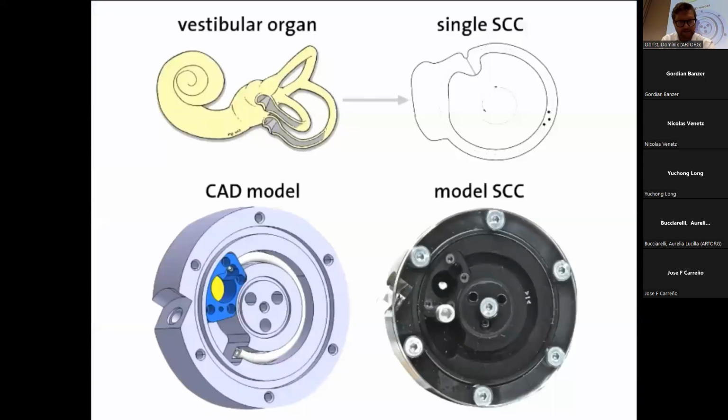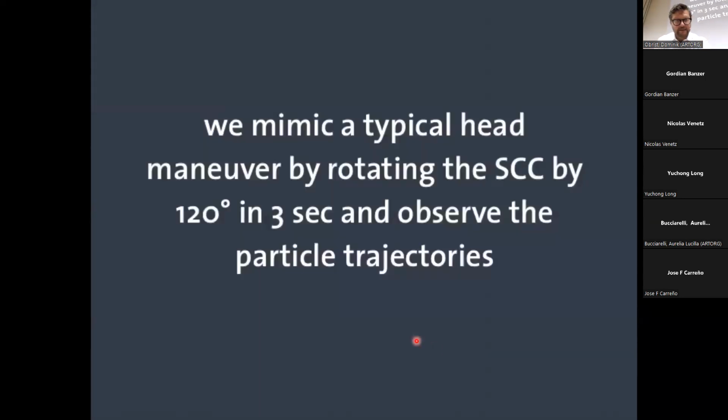Yeah, here you see this latex tube on the bottom left.